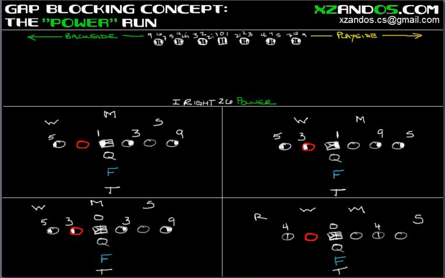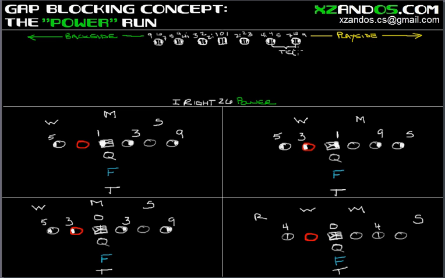When we are talking about the backside gap responsibilities, the play side tight end, this guy right here, from a 4 technique, which I already have labeled, out to a 6 technique, the tight end is responsible for that C gap.